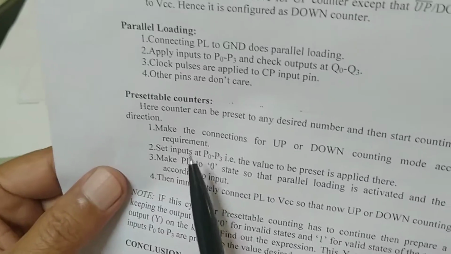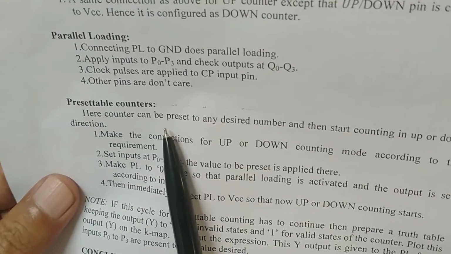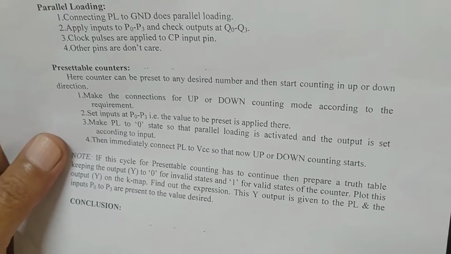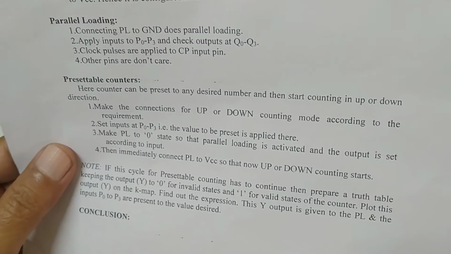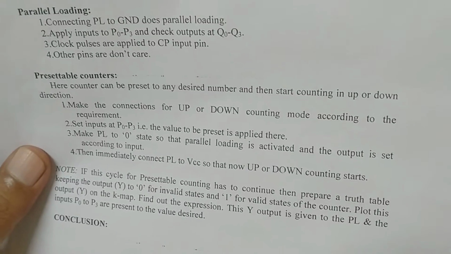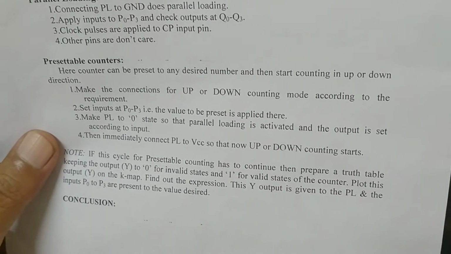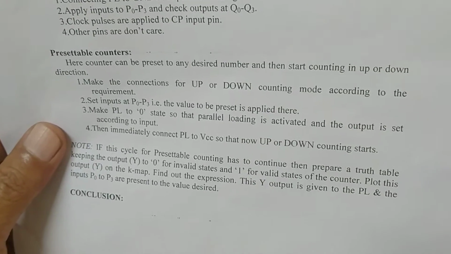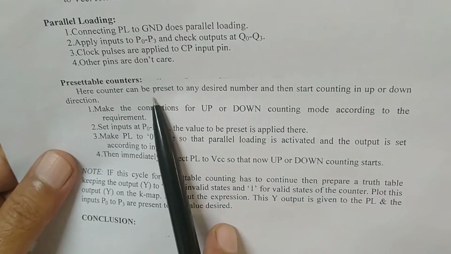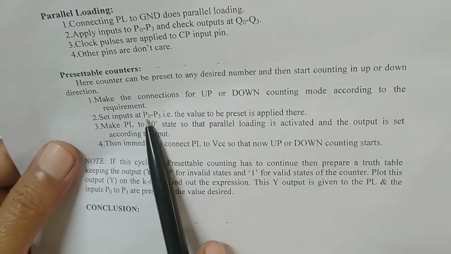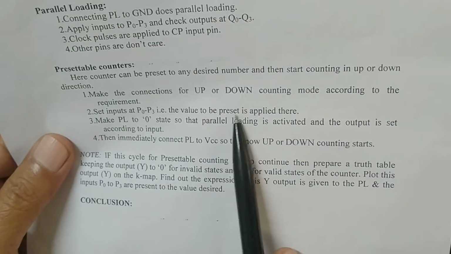And then the last part here, the presettable counter. In up and down counting, the counter starts counting from 0 to 15 or 15 to 0. Instead of counting from 0, it will count from any other value. This is known as the presettable counter, and it is achieved by the set input. We can set the inputs P0 to P3 to any value.